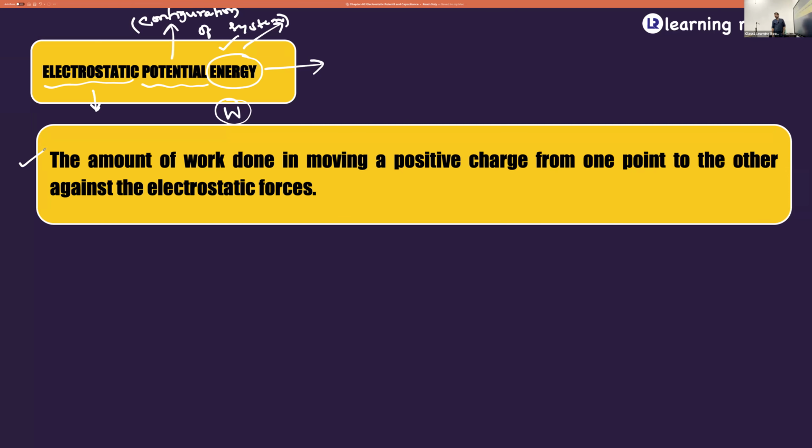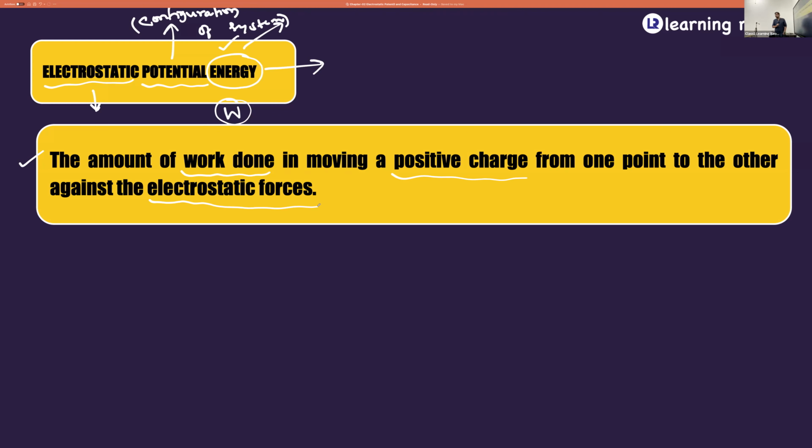Now you see. How do we define this electrostatic potential energy? It is the amount of work that is done in moving a positive charge from one point to another against the electrostatic forces. This is the simplest definition. There you would have written it as the amount of work done against the electrostatic forces to move the charge from infinity to a point within the electrostatic field, right?